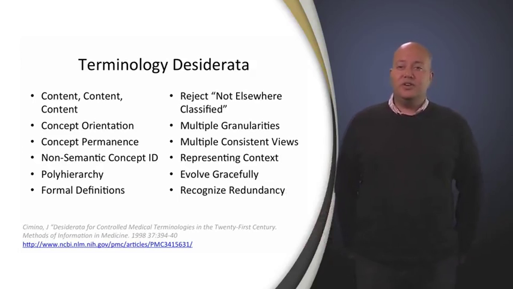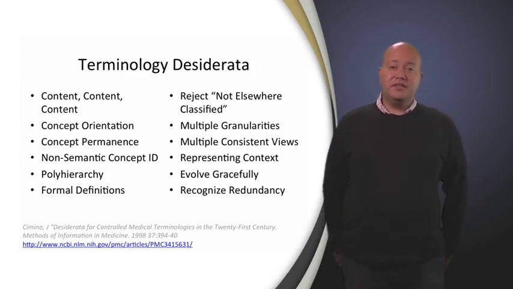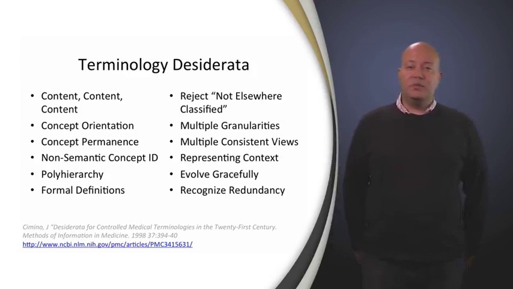Content must be added using a formal methodology in order to prevent creating a patchwork of terms with inconsistent granularity and organization. Concept orientation means that terms must correspond to at least one meaning, that's called non-vagueness, and no more than one meaning, that's called non-ambiguity. Meanings must correspond to no more than one concept, that's called non-redundancy, and each concept in the terminology must have a single coherent meaning.